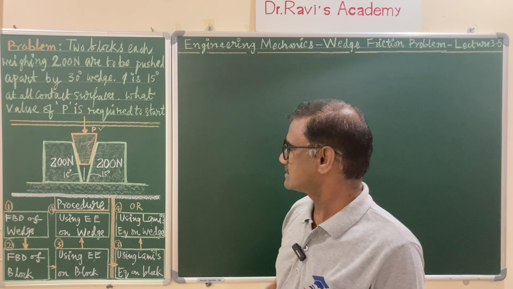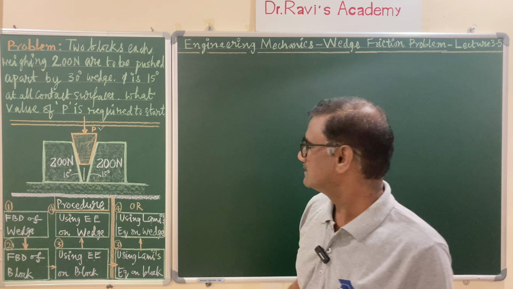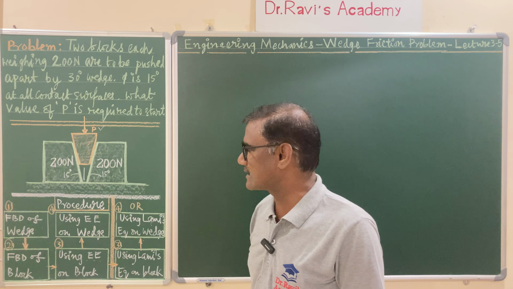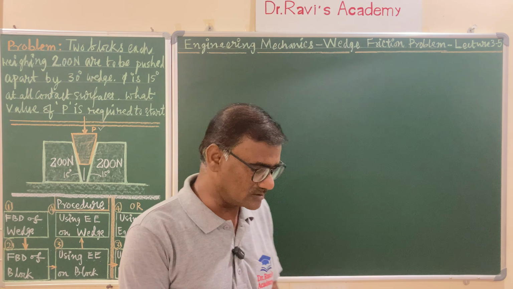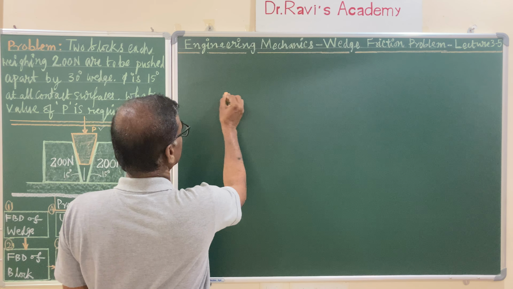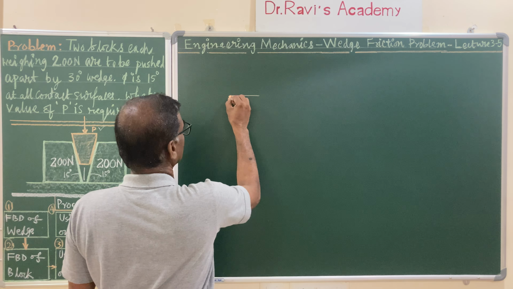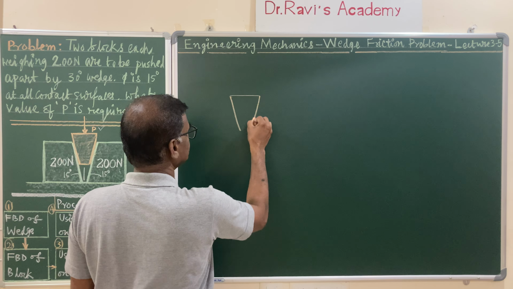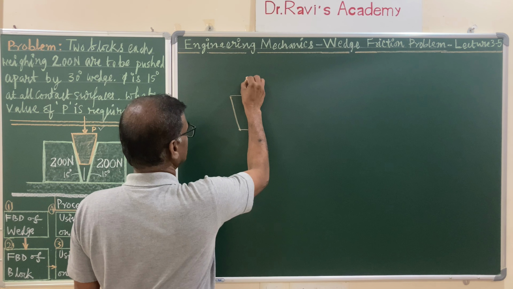So let us proceed and adopt the procedure. The first step is the free body diagram of the wedge. Let us draw it. First you draw the isolated view of the wedge. I have drawn this wedge.